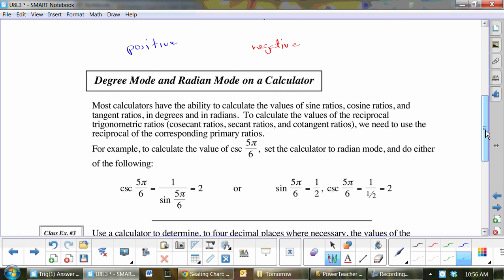Remember, sine inverse, cos inverse, tan inverse is how to find angles, not the reciprocal of cosecant. The way you do it is you have cosecant 5 pi over 6. That's the same thing as 1 over sine 5 pi over 6. Now, sine 5 pi over 6, if you go to your unit circle and find 5 pi over 6, it should be the y value.